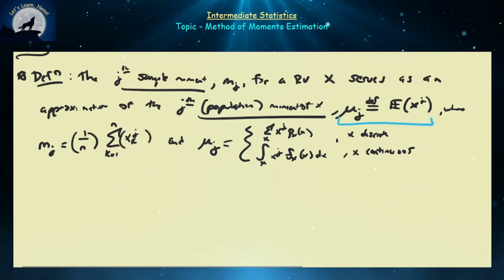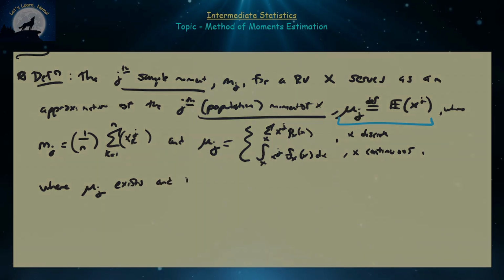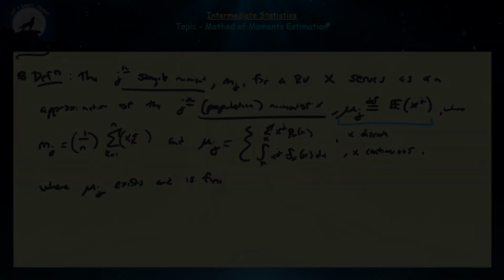And obviously, none of this makes any sense if they don't exist. So where mu_j exists and moreover is finite.